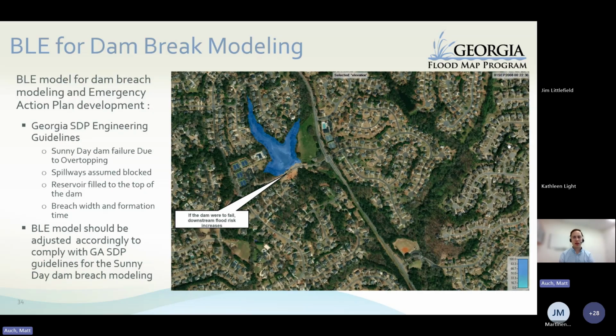You can update the terrain with additional survey data for the site, and you can refine the mesh as needed. And then you'll calculate breach parameters, update the unsteady flow inputs and boundary conditions, and then rerun the model. And so all of the expertise for building and validating that breach model is still required, but what this BLE data does is it lets you start a couple steps ahead in the process.